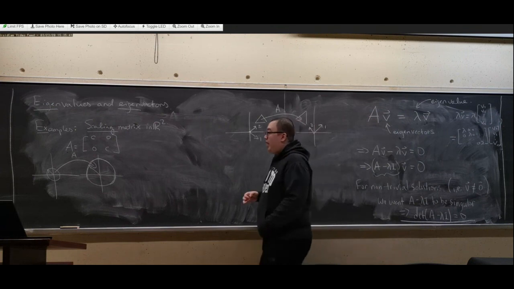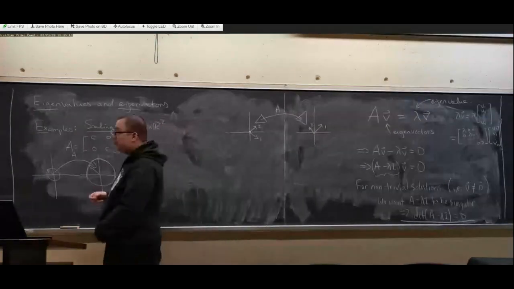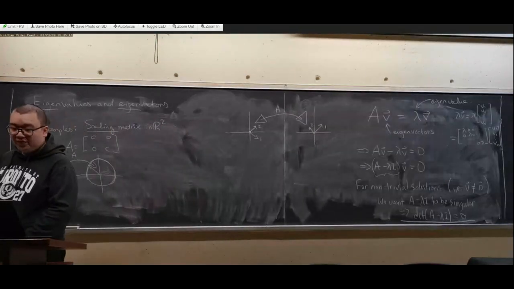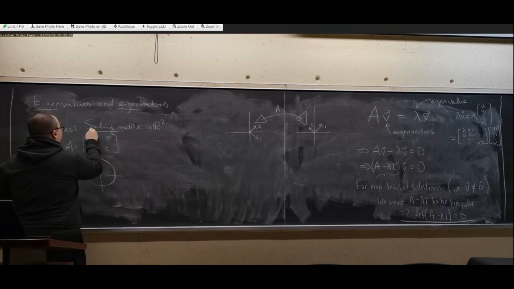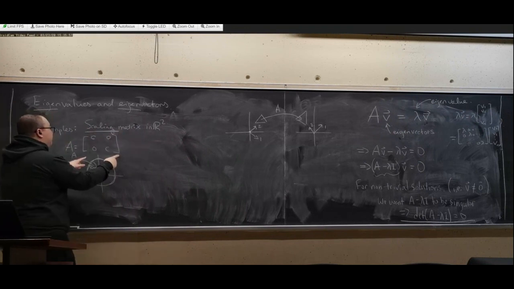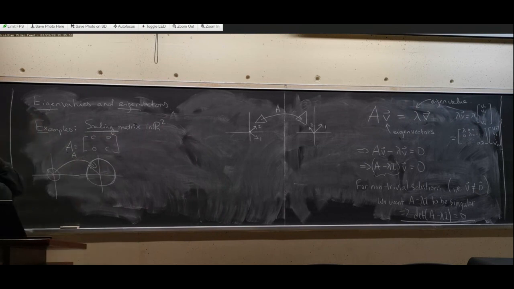What about the eigenvalue? What should be the eigenvalue? Should be C. Why is that? No, there's no rotation. It is just scaling. So this is the matrix right here. Because that's the value we're scaling it by.